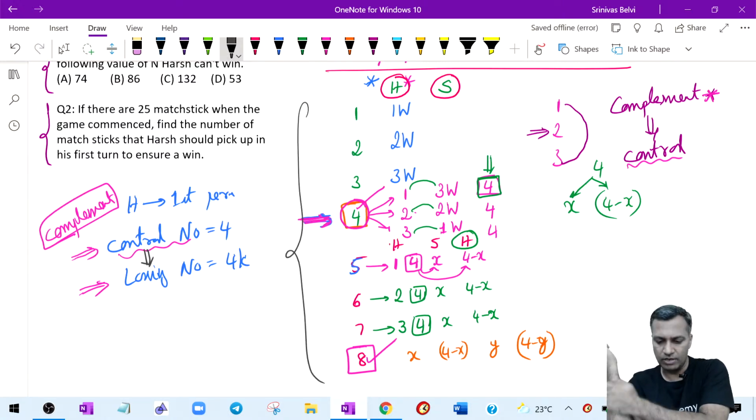From the control number, we arrive at the losing number or the winning number, one of that. You understood this?